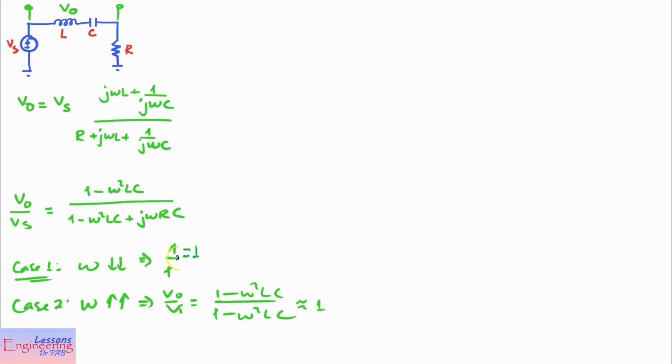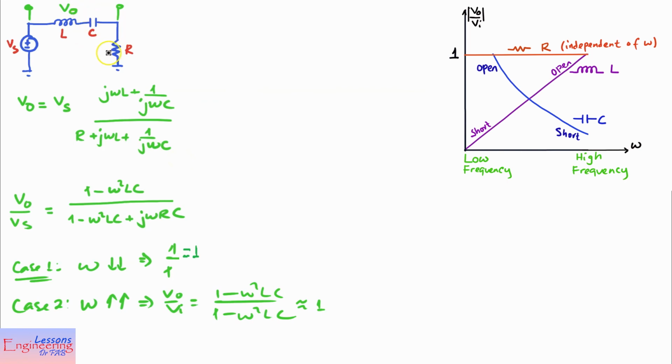So in both cases, when omega is a low value or at very high values, we have the output as 1. You can also analyze what will happen in the circuit here.